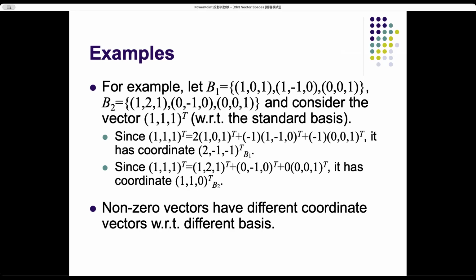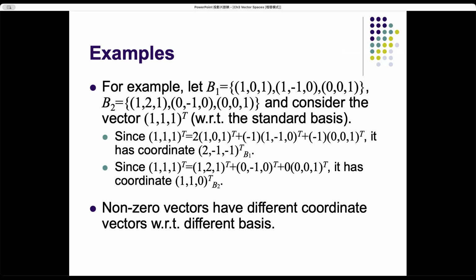But let's assume they are linearly independent, because if we were doing the lecture in the classroom, I would have done that for you. Anyway, assume B1 is like that, B2 is like that, and consider the vector (1, 1, 1).